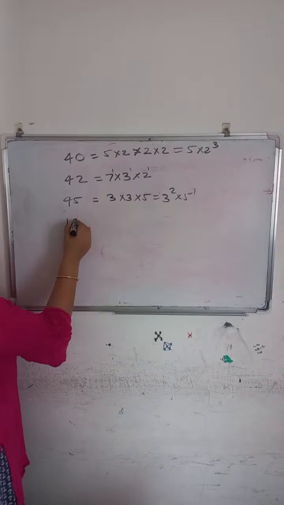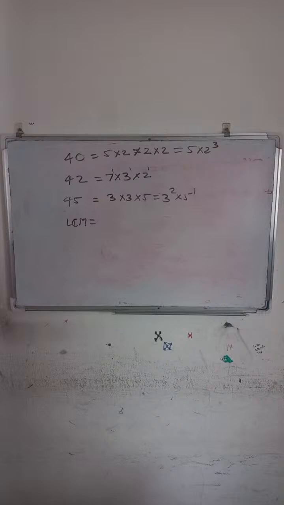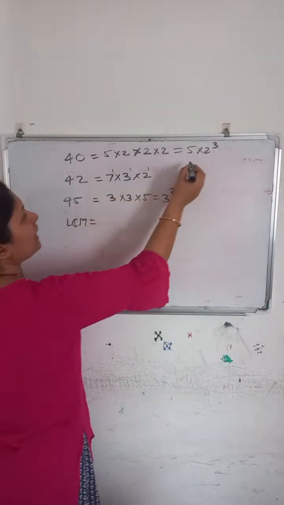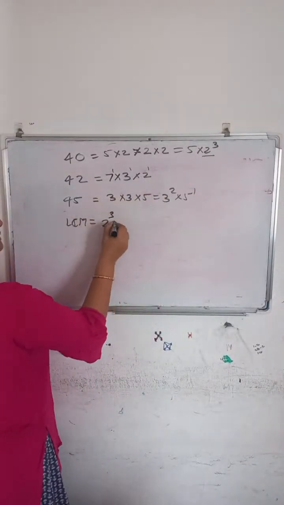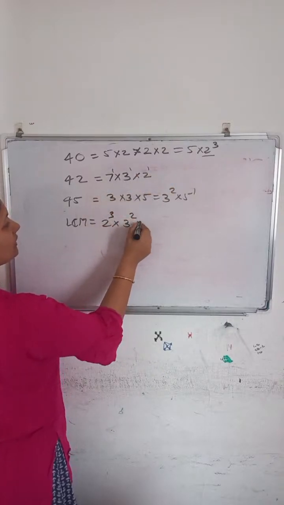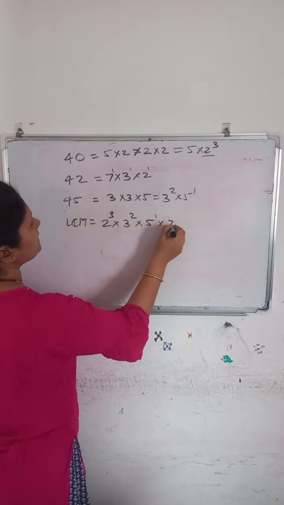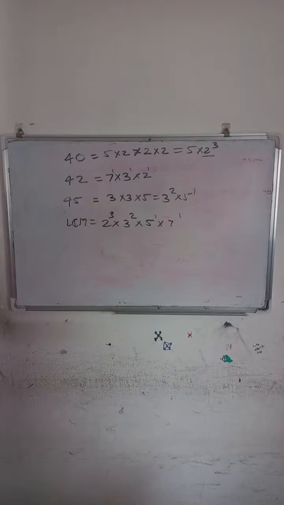So we have to calculate the LCM using the numbers with the highest power. The highest power of 2 is 3, the highest power of 3 is 2, 5 one time and 7 also one time.